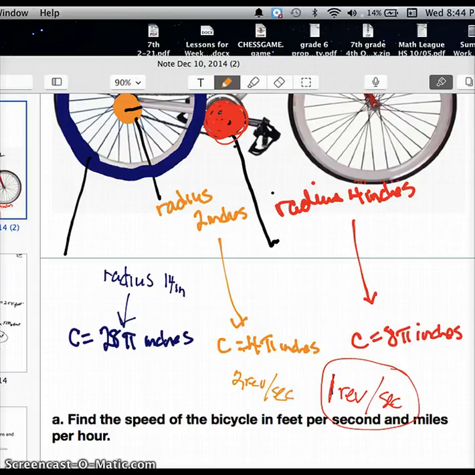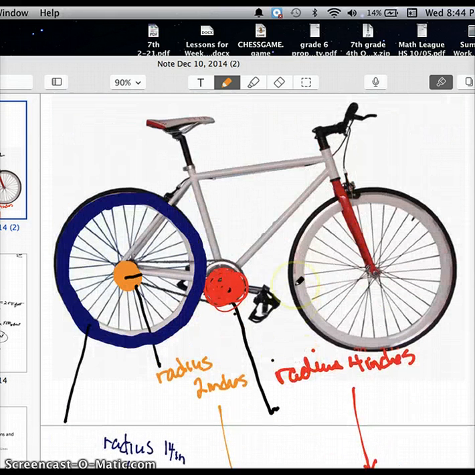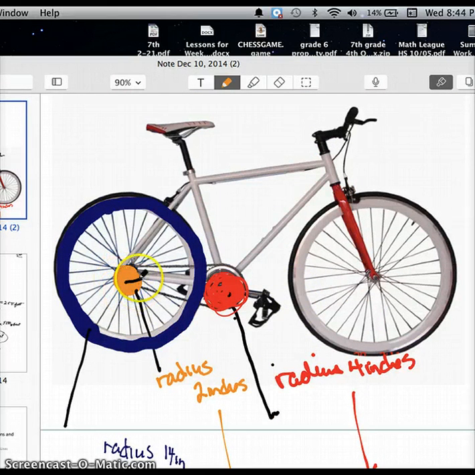Then the next piece, and this is tricky, I'm going to go back up to the picture. This sprocket is attached to the bike's back tire, such that as this one turns, the tire turns. The take home point is that the revolution of the yellow circle is the same as the revolution of the tire, because they are intrinsically tied together.